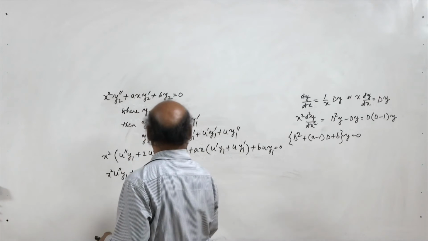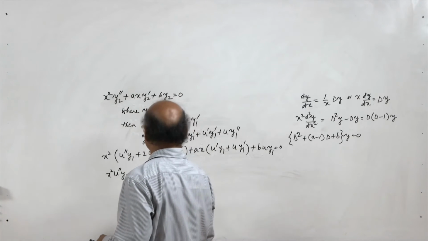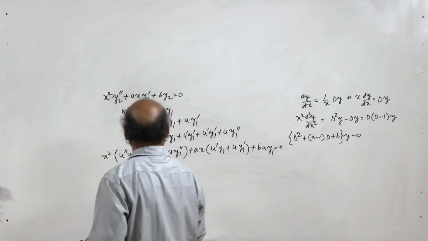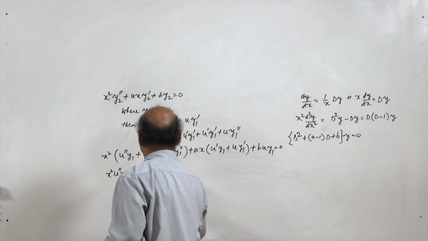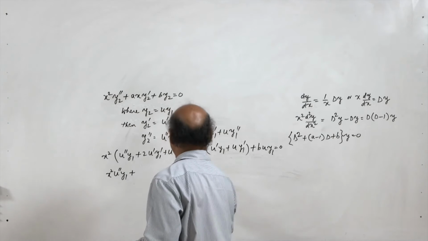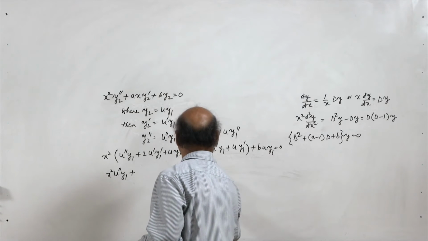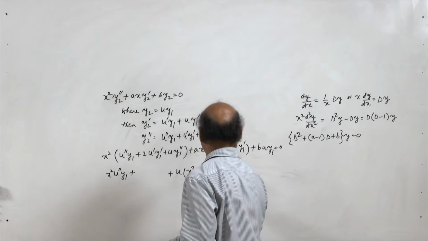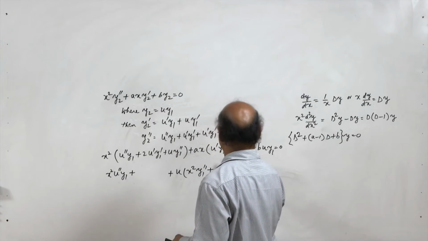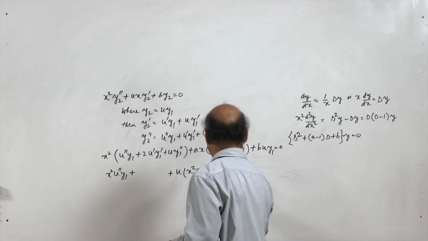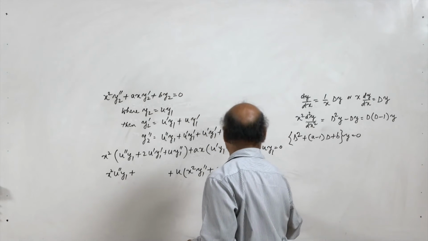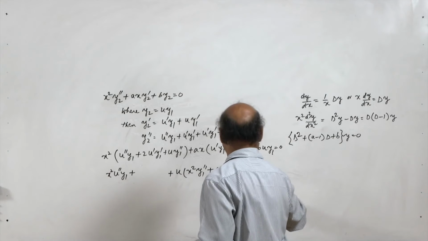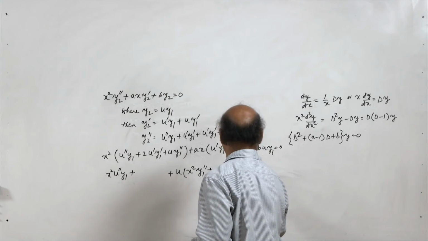Let us first write the y1 double dash terms. So, u times x square y1 double dash plus u times a x y1 dash plus b y1.